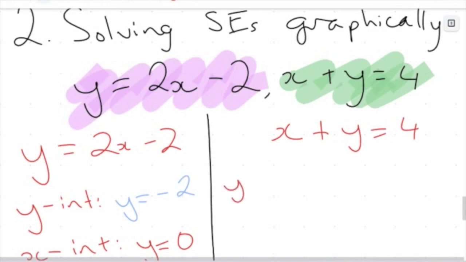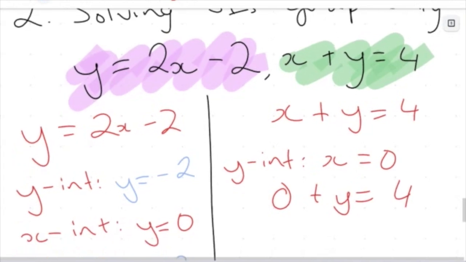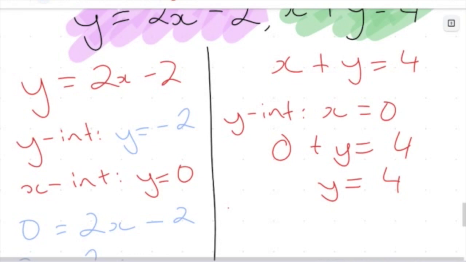So I'm going to substitute 0 in for x. So I get 0 plus y equals 4. What number adds to 0 to give me 4? Well, 4 does. So y is going to equal 4.